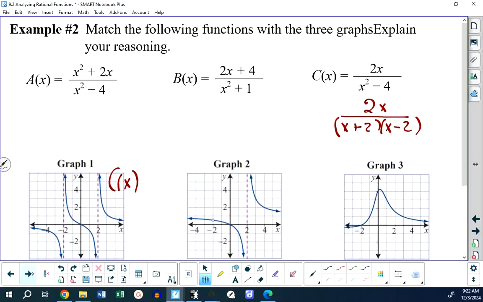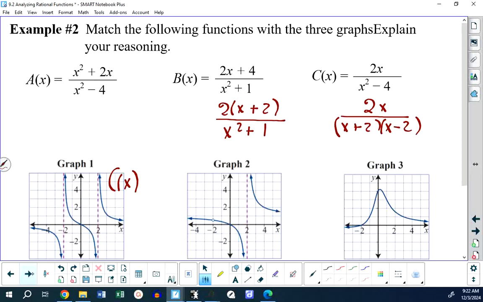If you were to take a look at b of x, if you factor a 2 out of the numerator, it's not even relevant because the denominator produces no non-permissible values. If I ask you to solve this statement that the denominator of x squared plus 1 cannot equal 0, you would subtract 1 from both sides and get this.